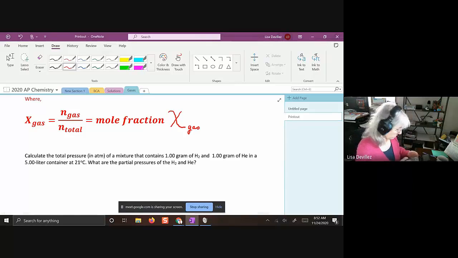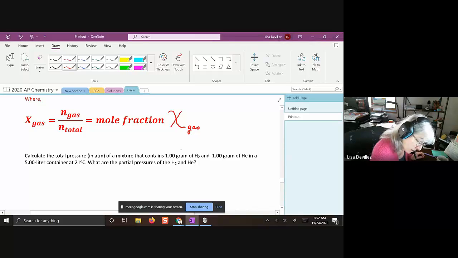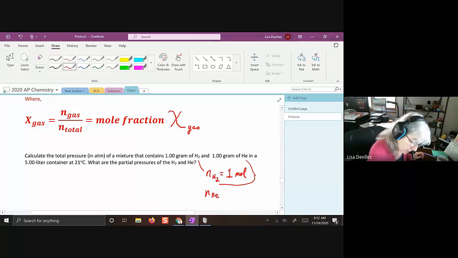So the first thing, let's figure out what our moles are. We're just going to use round numbers here. All right, so 1 gram of hydrogen, so moles of hydrogen are approximately 1. And my moles of helium is going to be about 0.25 if we round off.